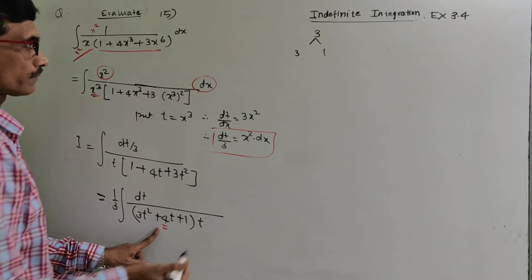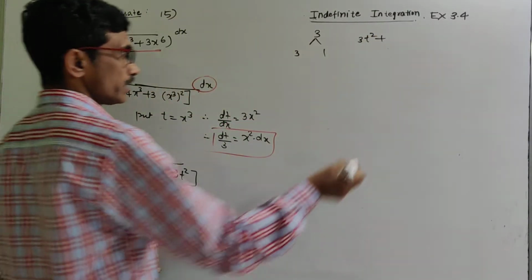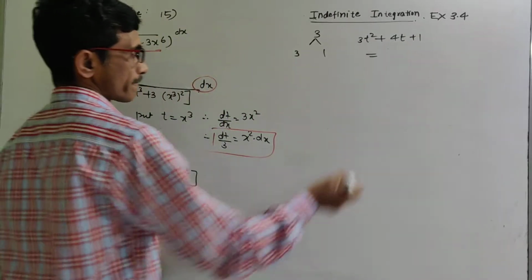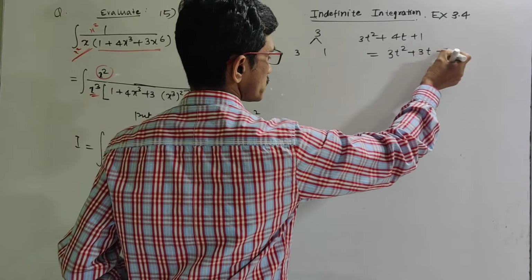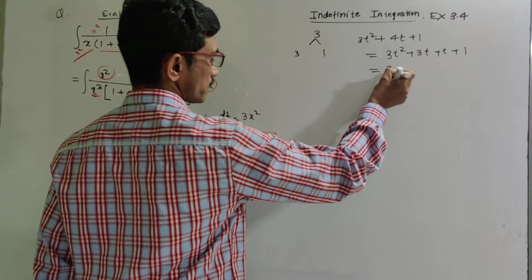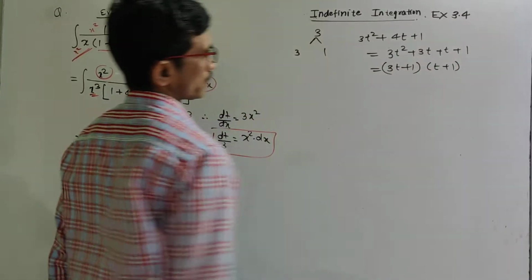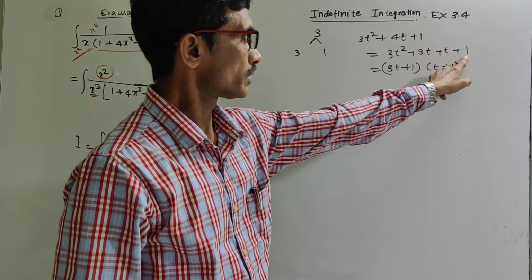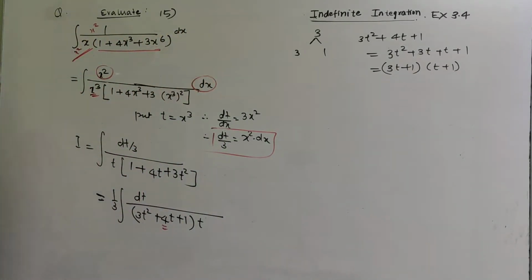Here the middle term 3t square plus 4t plus 1 is equal to 3t square plus 3t plus t plus 1, that means factors are 3t plus 1 and t plus 1. 3t taking common, here t plus 1, here t plus 1. So 3t plus 1 and t plus 1 are the factors.